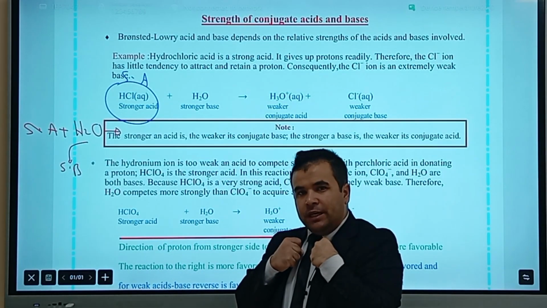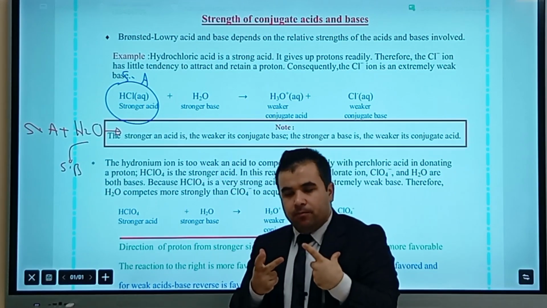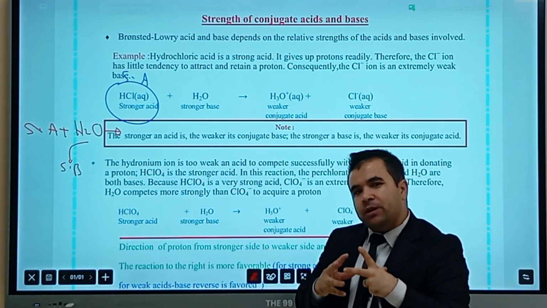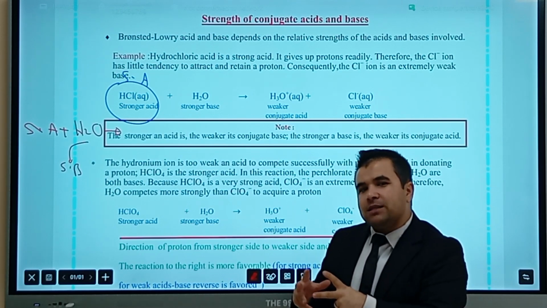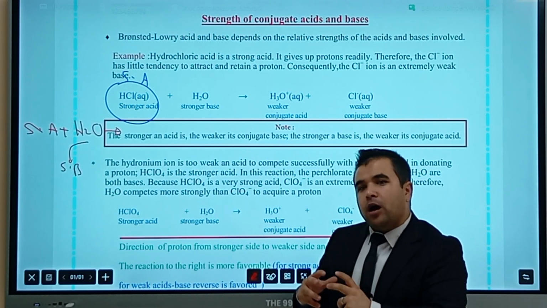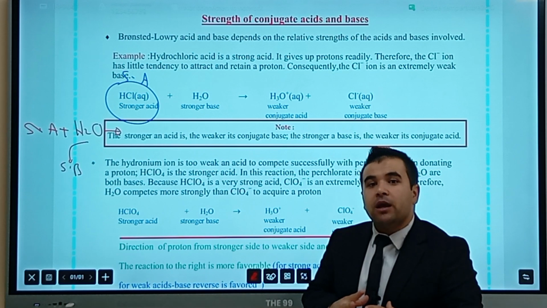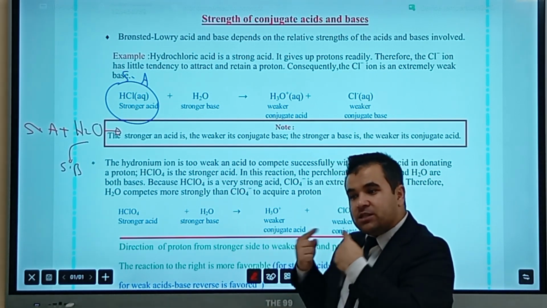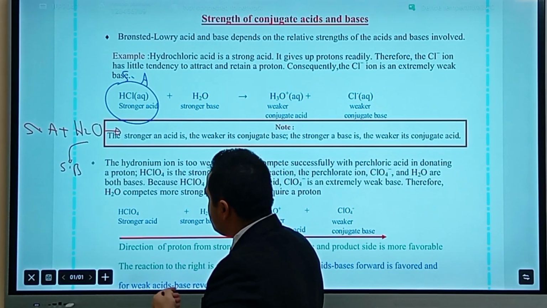The strength of H2O varies according to what it reacts with. If the chemical is a strong acid, it lets H2O be a strong base. If the chemical is a weak acid, it lets H2O become a weak base. If the chemical is a weak base, it lets H2O become a weak acid. So the strength of H2O depends on the strength of the acids and bases which react with H2O.